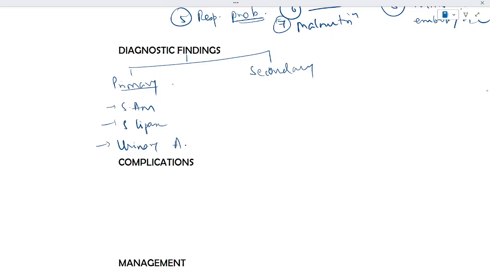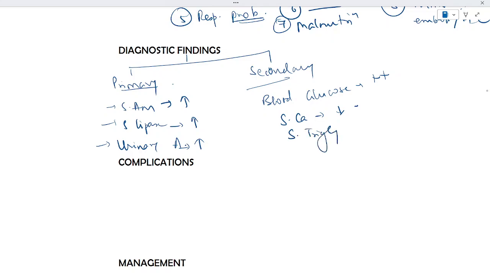Serum amylase would be increased, serum lipase also would be increased, and urinary amylase also is elevated. The secondary tests involve blood glucose, where hyperglycemia would be seen, serum calcium, where hypocalcemia is seen, and last is serum triglyceride, which will show hyperlipidemia.